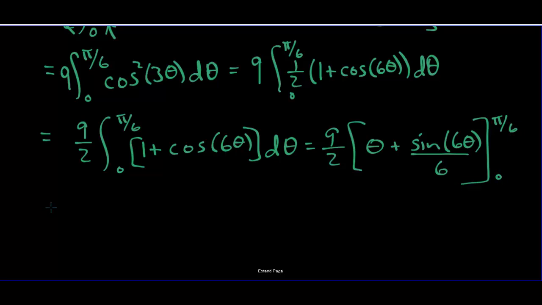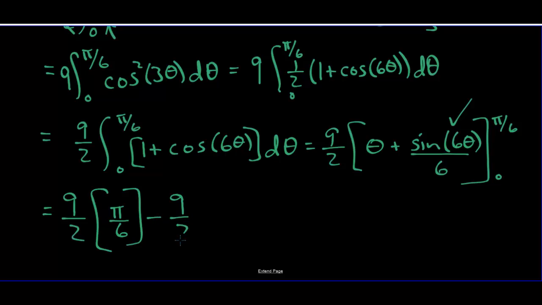Now, it's just a matter of plugging in. So we've got 9/2. Let's see what we've got. If I put in a pi over 6 here, that's going to be 6 times pi over 6, which is pi. Sine of pi is 0. Okay? So I've got this minus. Now if I plug in a 0, I get, once again, 0 plus 0.